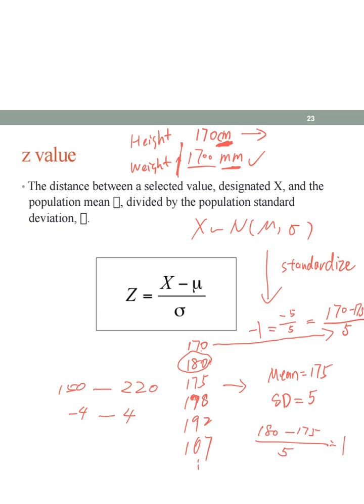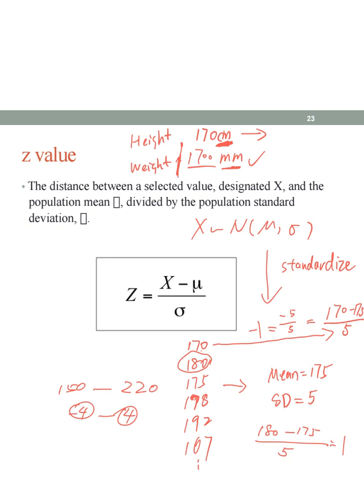So the raw data of 180 becomes 1 after I standardize my data, and it will be easier for us to do the analysis. That makes sense? That is one of the main reasons why we want to standardize our data.